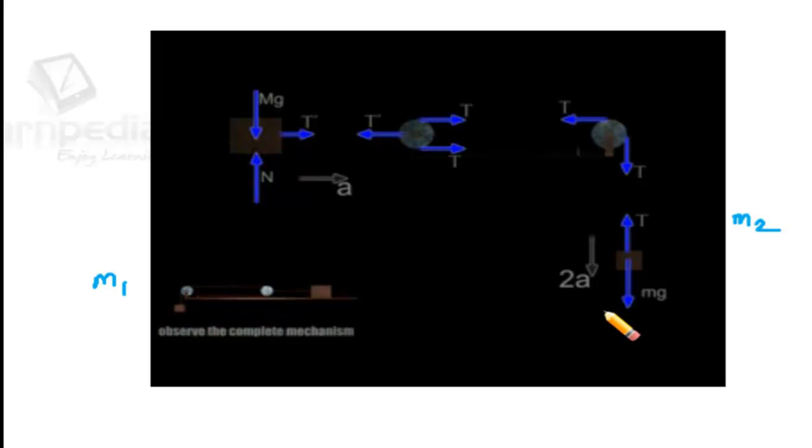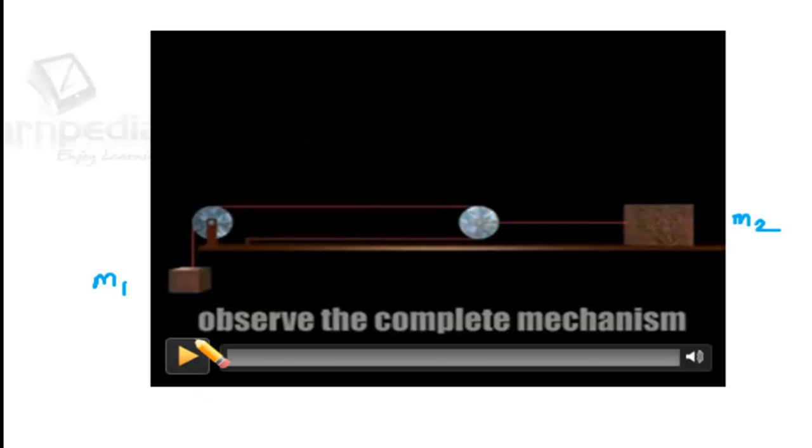Followed? Here we have taken mass m1 going down. So there will be tension here, tension at this point, tension at this point. Here there will be 2T tension. Okay, so let us see how the two bodies are moving.